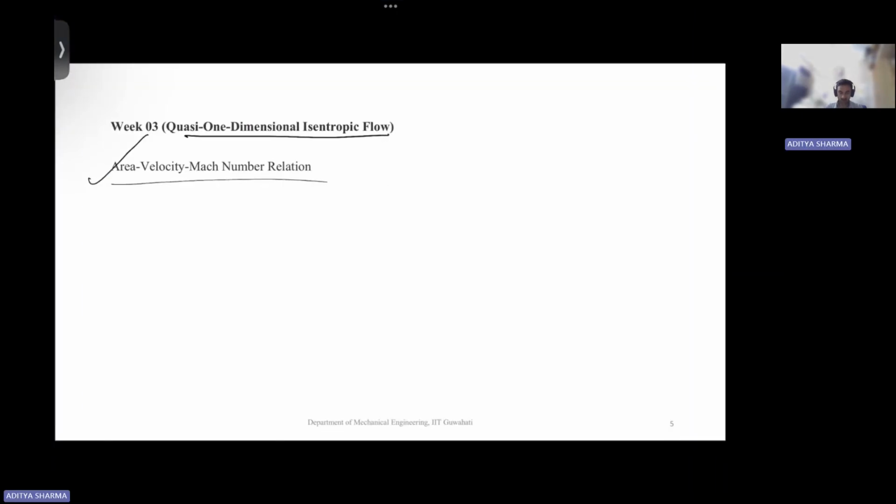Now if you see the heading of this week, it is quasi one-dimensional isentropic flow. So quasi means, so 1D is this, flow is moving in this direction. Quasi means your area is also changing. Your flow is moving, so it can be this way. It can be this way. Okay.